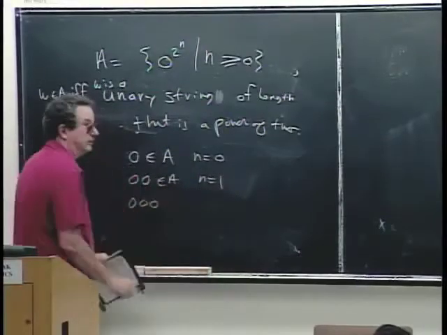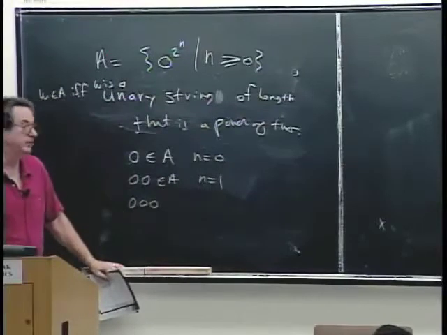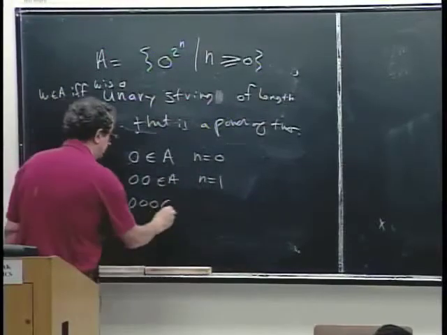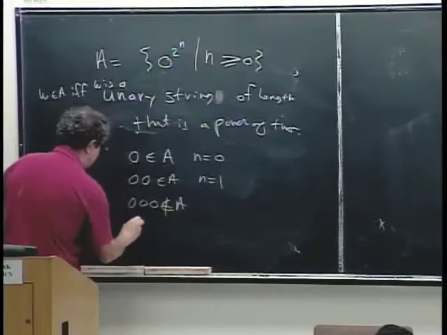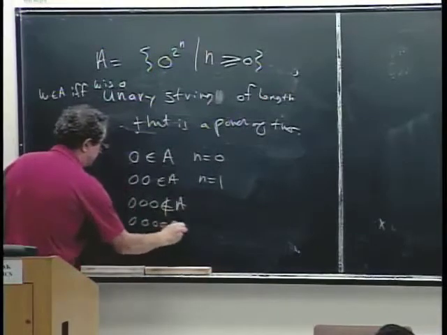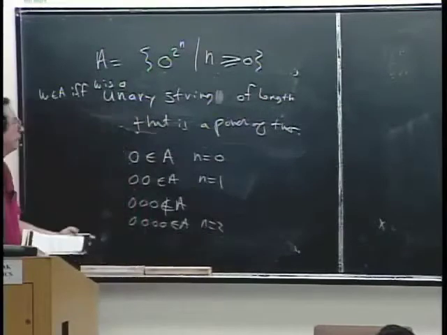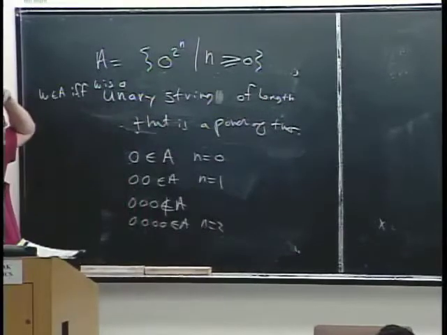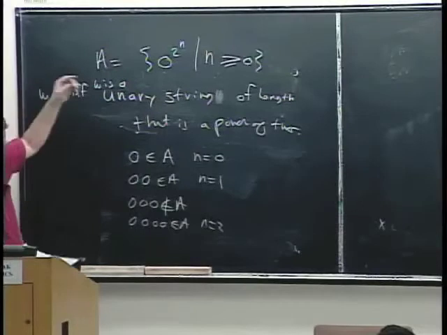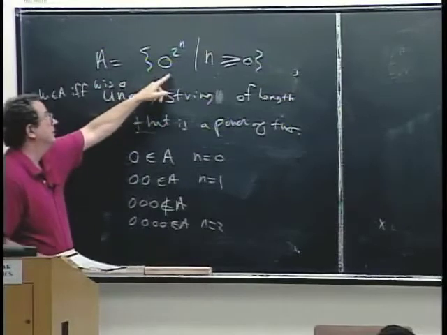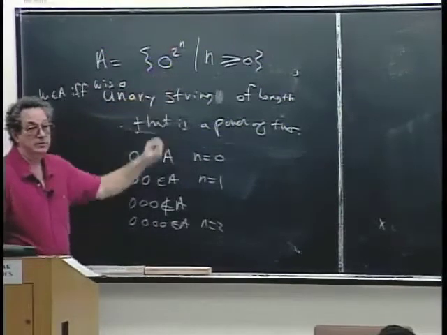How about 3 zeros? 3 is not a power of 2, so that's not in there. And 4 zeros is in there, and so on. Okay. All right. Is this a regular language?